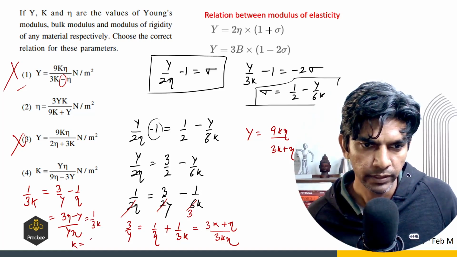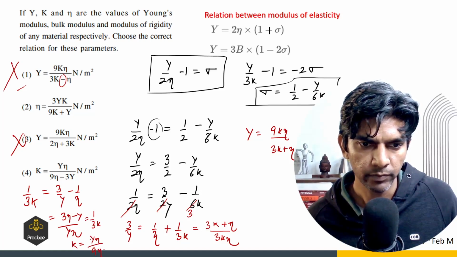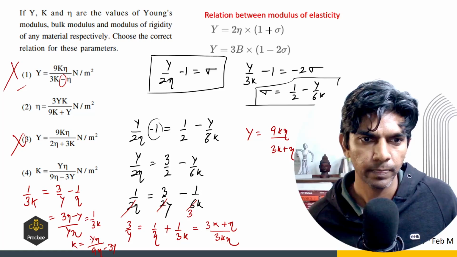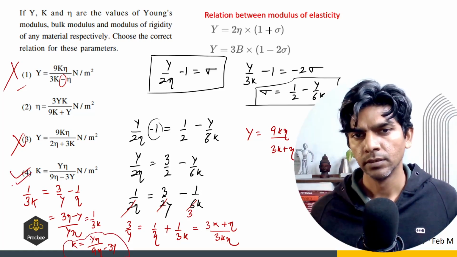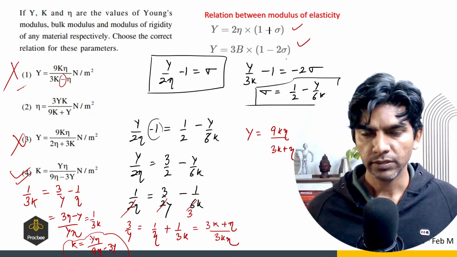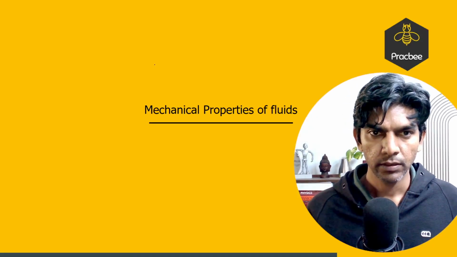So it will be y eta upon 9 eta minus 3y. Yes, so we are getting option 4 as the right answer. So do remember these two equations, right? You will be able to solve such questions.